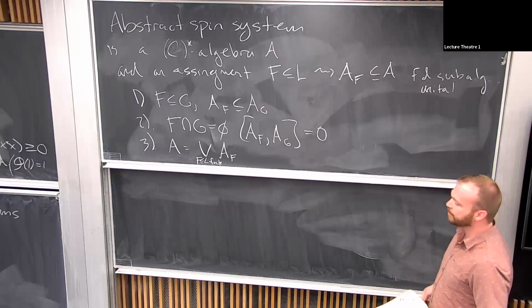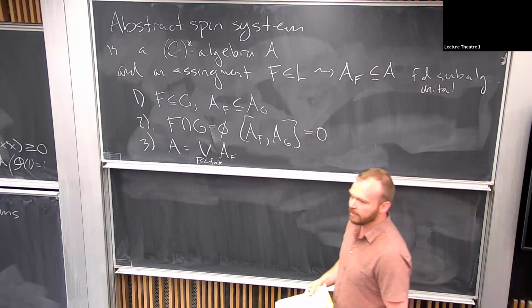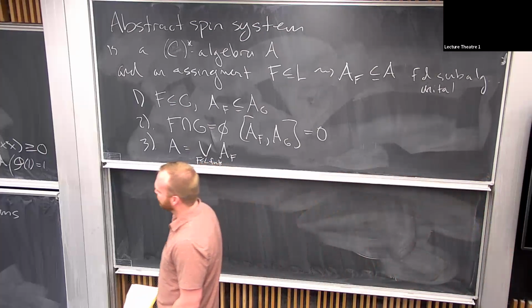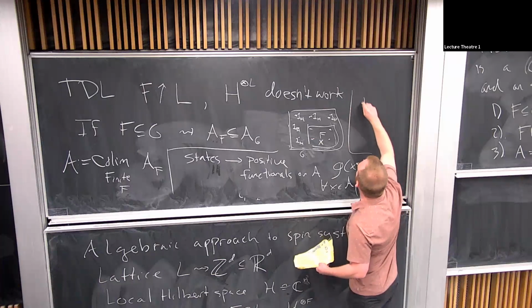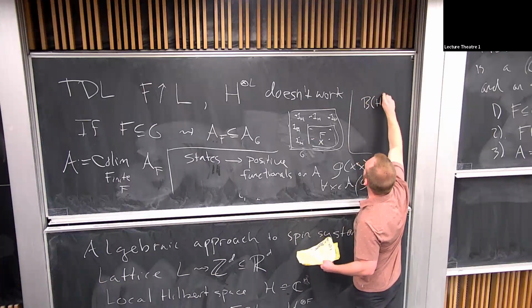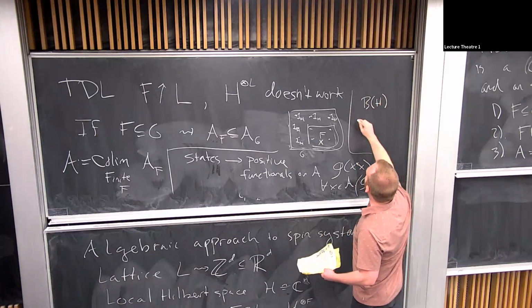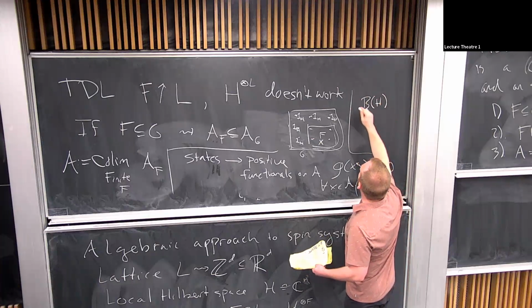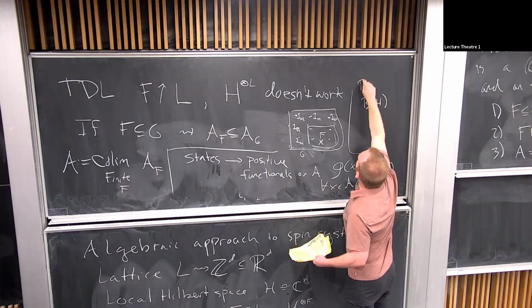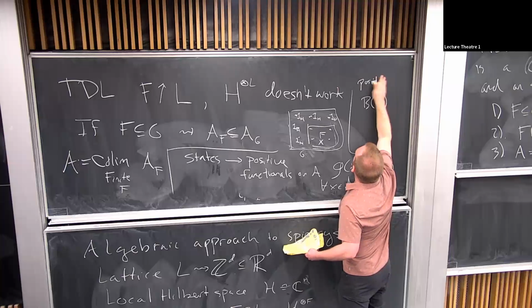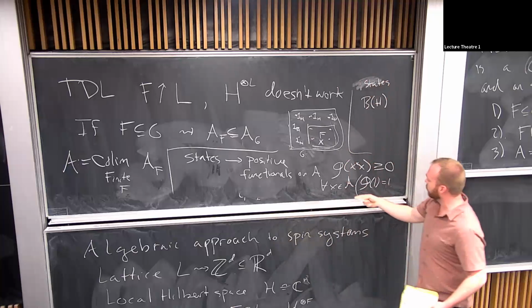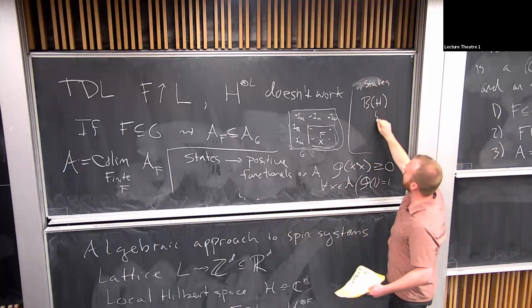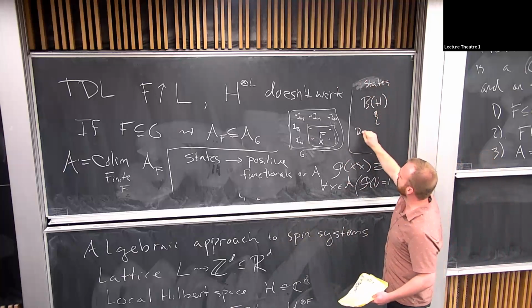Yeah, I agree. I guess my mind's still trying to wrap around the functional idea. Like, you said think of it as a trace. Okay. So in the usual case, if my algebra is all the operators on a Hilbert space, then there's this theorem that says positive linear functionals, or I'll just call them states because that's what we call them in operator algebras, normalized this way, are in bijective correspondence with density matrices.